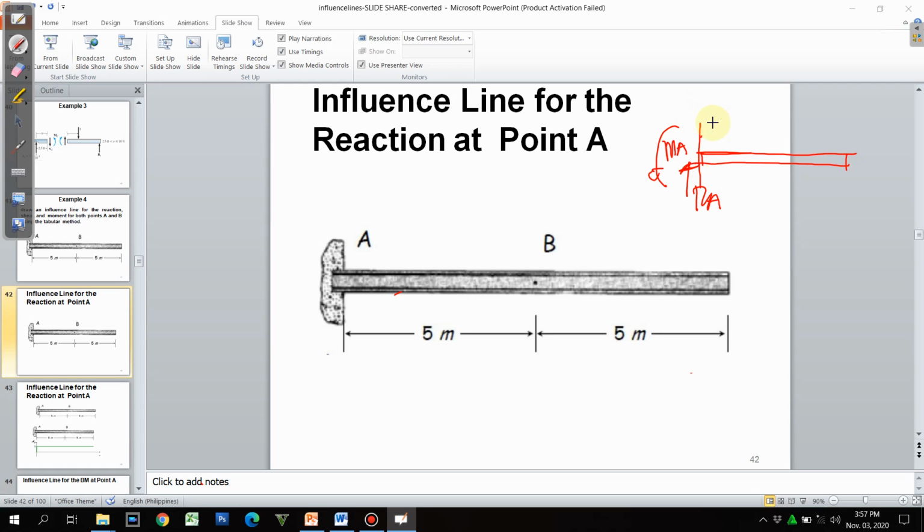So if we're going to place, say, by the tabular method, you just have to tabulate X versus RA. So if your X is 0, what would be your RA?